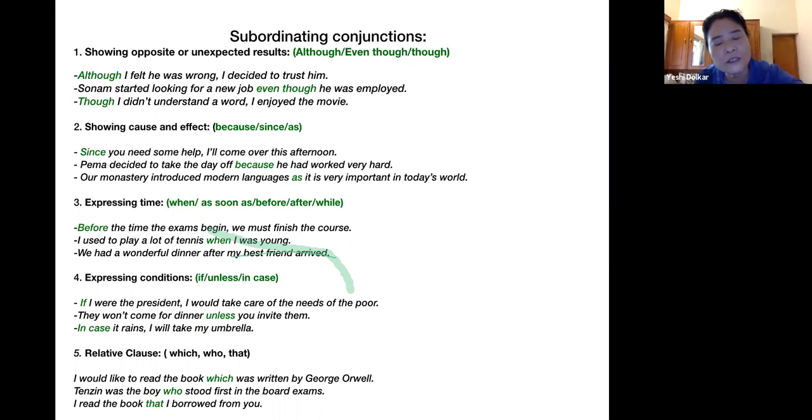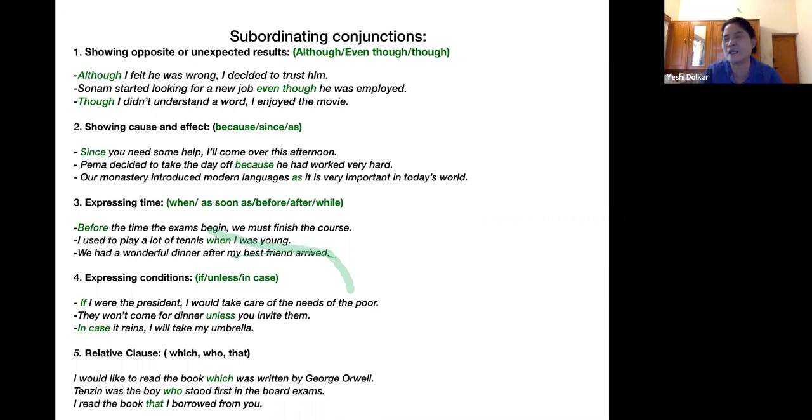These are also subordinating conjunctions. They make the clause a relative clause. They refer to the object: which for the book, who for the person, that for the book. So it is a relative clause.